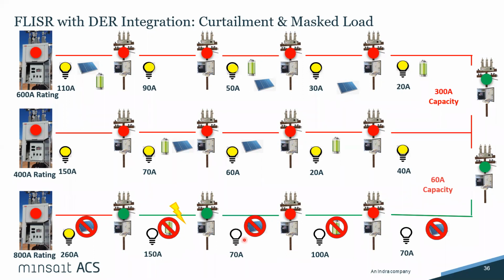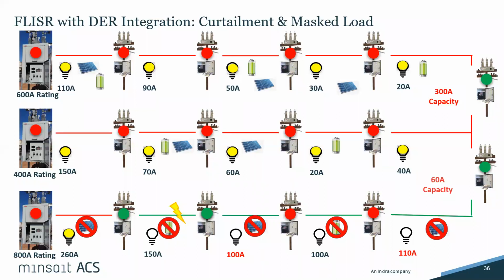So if we have that communication, we know how much generation was occurring prior to that fault. That's what our FLISR downstream restoration algorithm has to take into account. So instead of 70 amps, we really need to account for 100 amps if this was providing 30 amps of generation. And maybe the other PV device was adding some generation as well, and we know how much that was. So now we need to account for that.